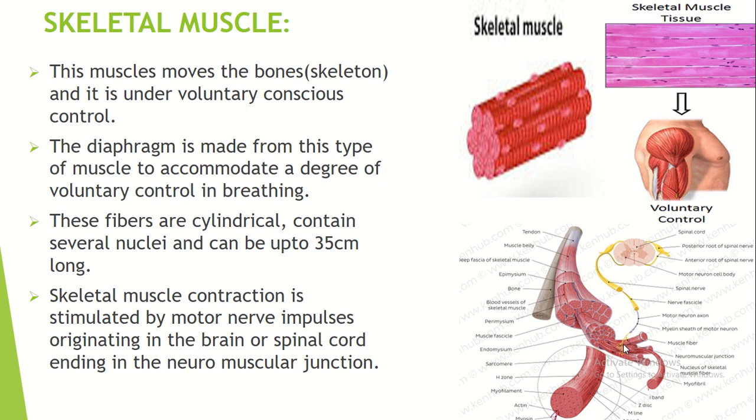Because of that impulse, we move our hand away. That is the neuromuscular junction, which helps the coordination of movements, and what we want to do is decided by this neuromuscular junction, the attachment of the muscles and the nerves. So the skeletal muscle.